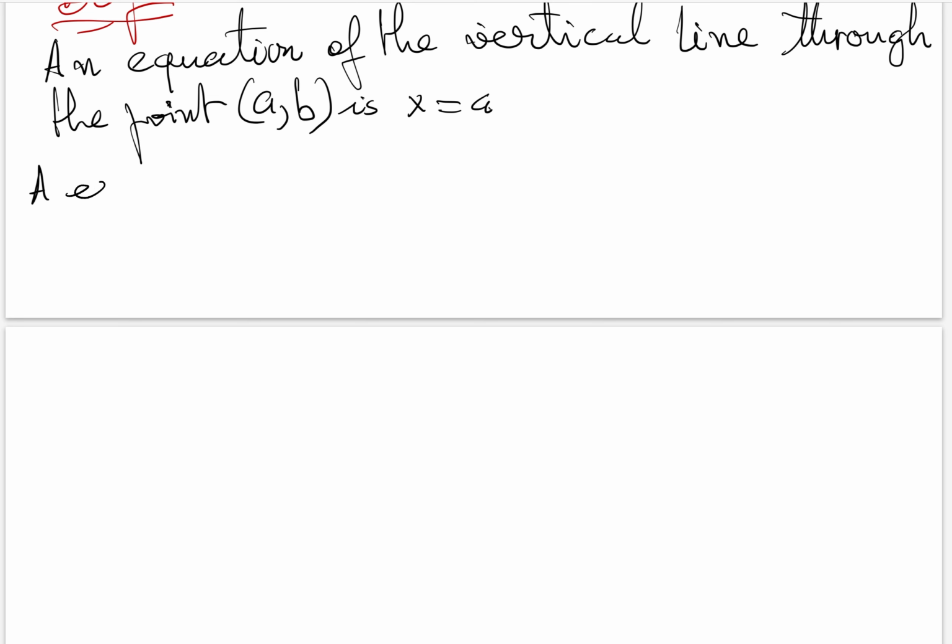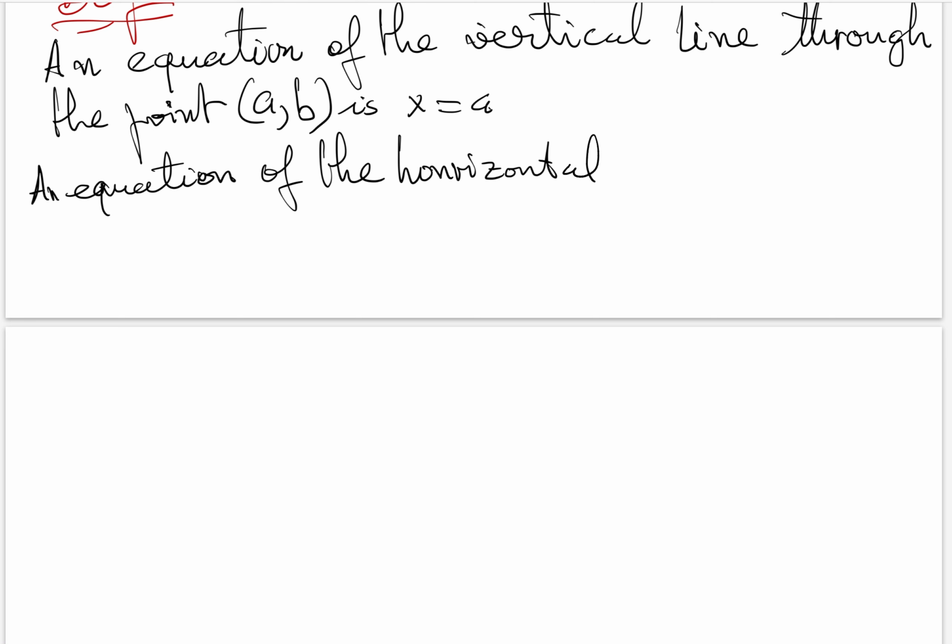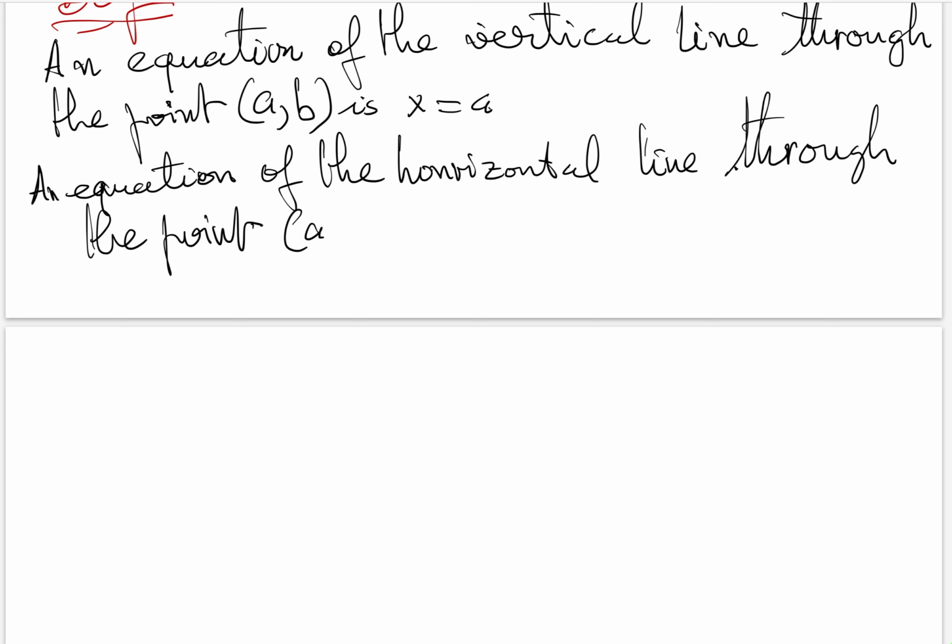An equation of the horizontal line through the point (a, b) is y is equal to b.